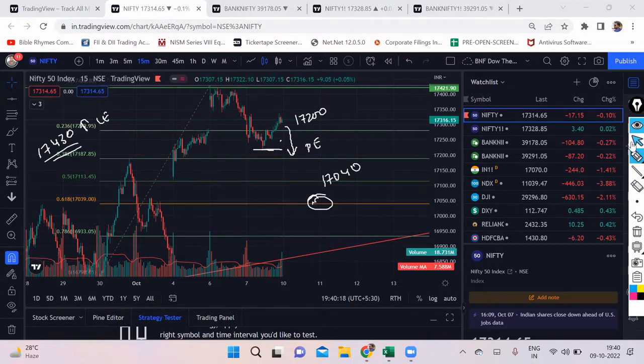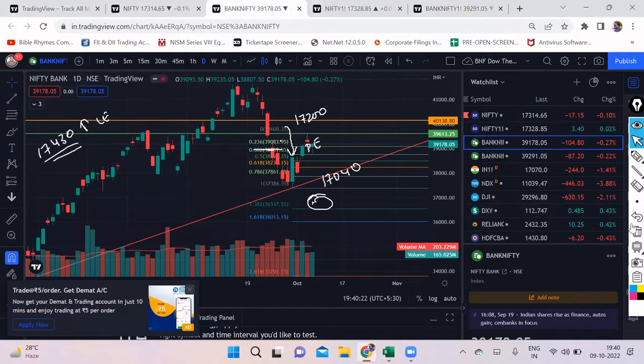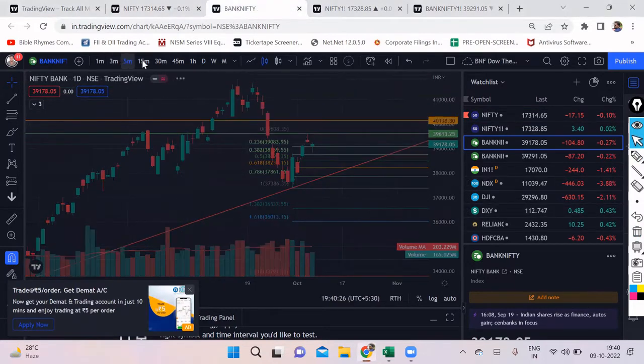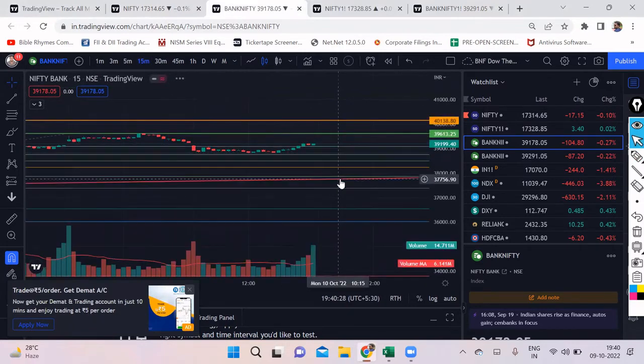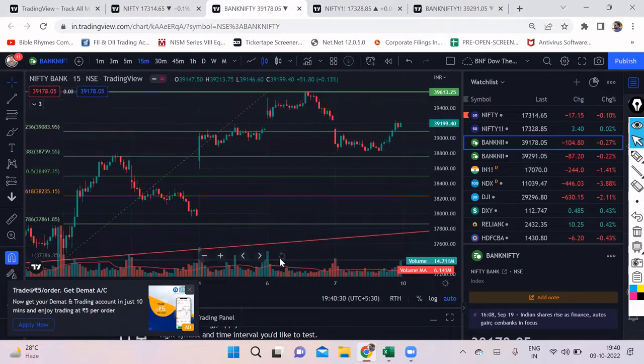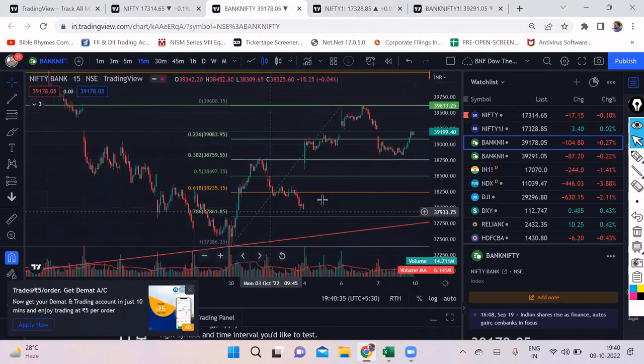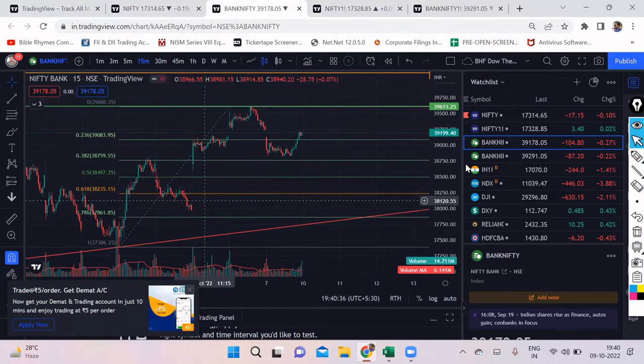So let's discuss Bank Nifty quickly. This is Bank Nifty. It is also quite similar. I have marked the resistances and also the levels on the downside. On Friday, Bank Nifty filled this gap eventually, so this is something good. At least we don't have a confusion about when it will go to fill this gap.